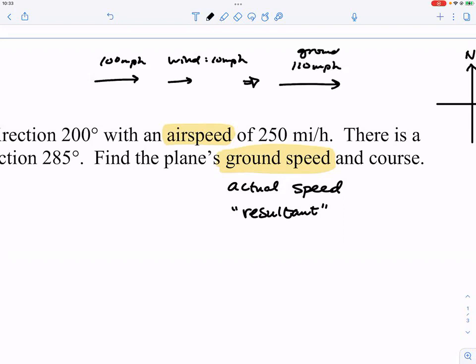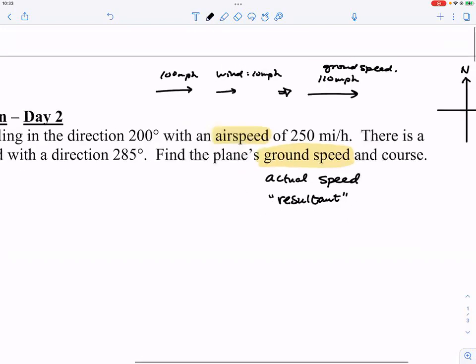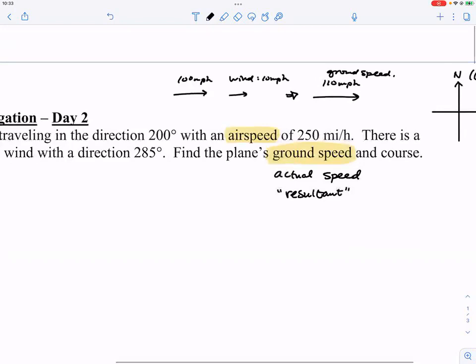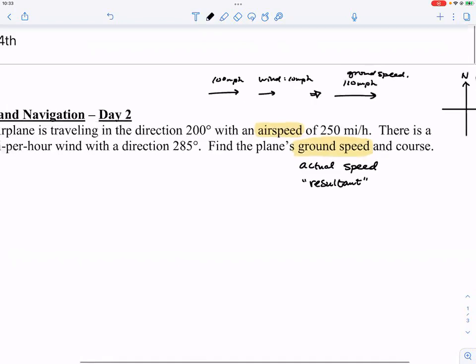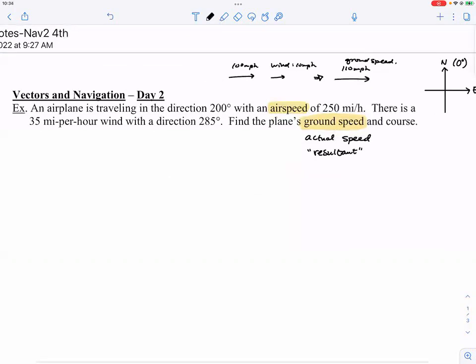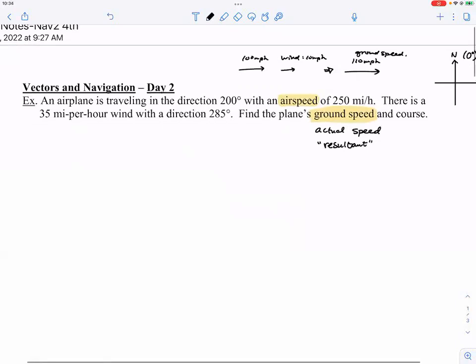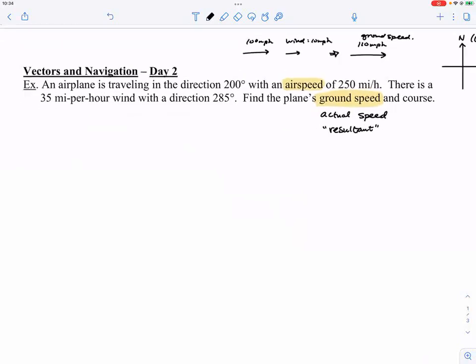That's a ground speed. Okay, so airspeed of 100 with the wind 10 miles per hour. So if they're aligned in the same direction, well, then they will add up together. So the ground speed would be 110 miles per hour. So now we're going to calculate something similar, except that the directions will be different. And the directions are not like simple horizontal or vertical.